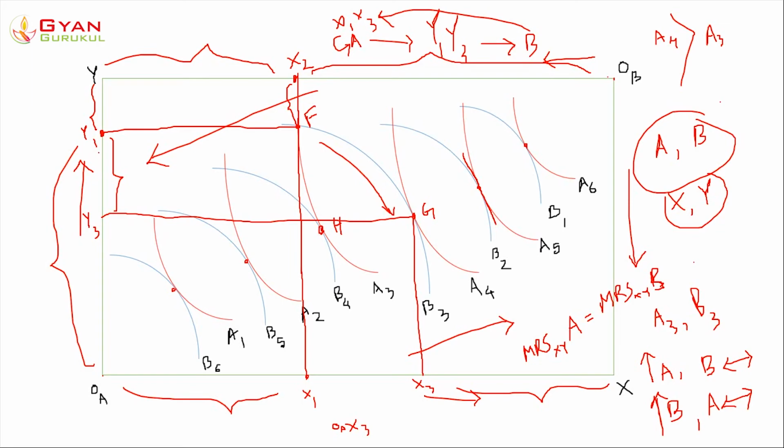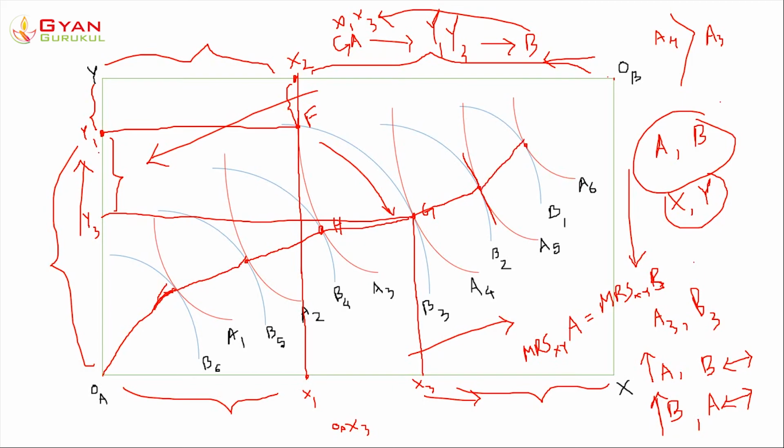Now if we join all these points through a curve, I'm doing it freehand so it is not so good, you try it with a scale, that would be better.